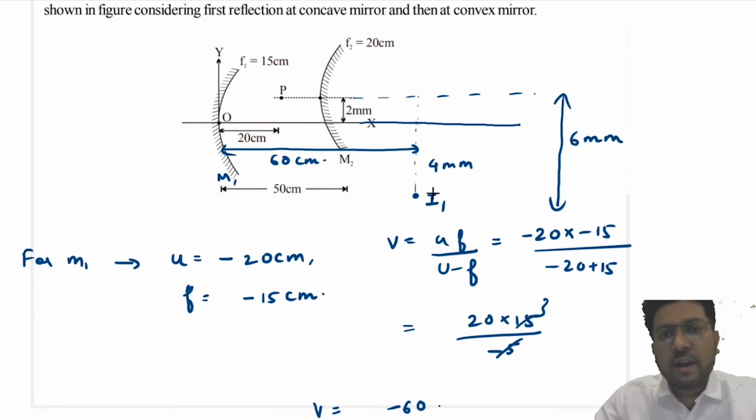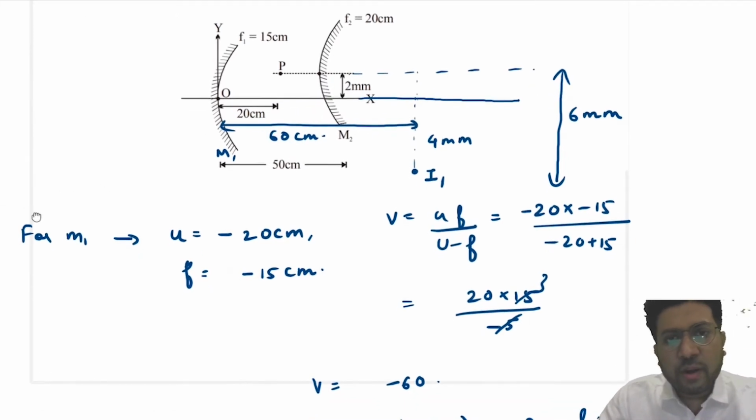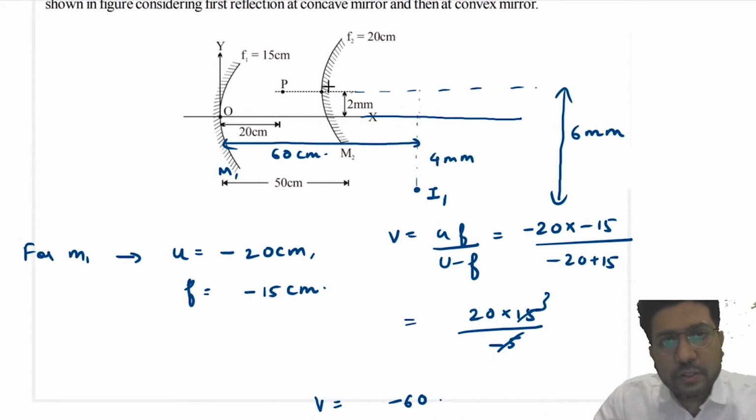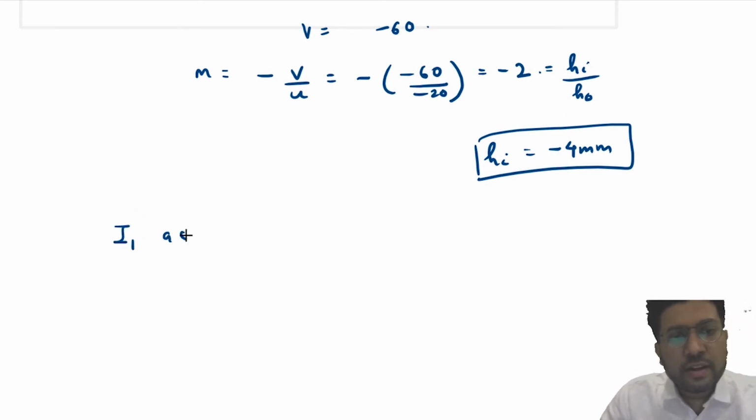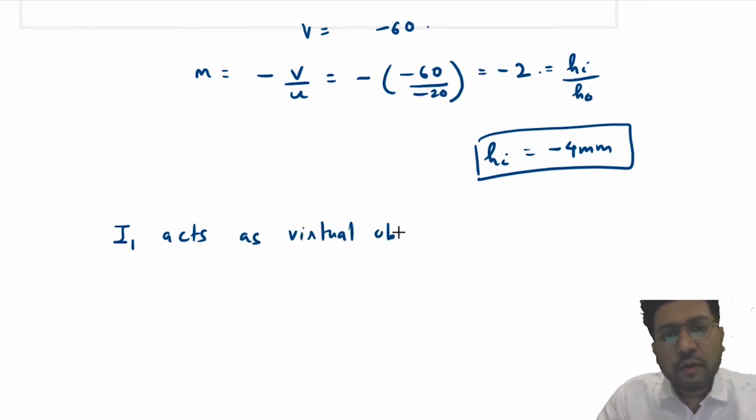So this I1 is object for this mirror, right? So you will write for the convex mirror, u is plus 10. Why? Because this object is virtual. So I will write it here, I1 acts as virtual object for the second mirror, because it is behind the mirror, and the second mirror is a convex mirror.